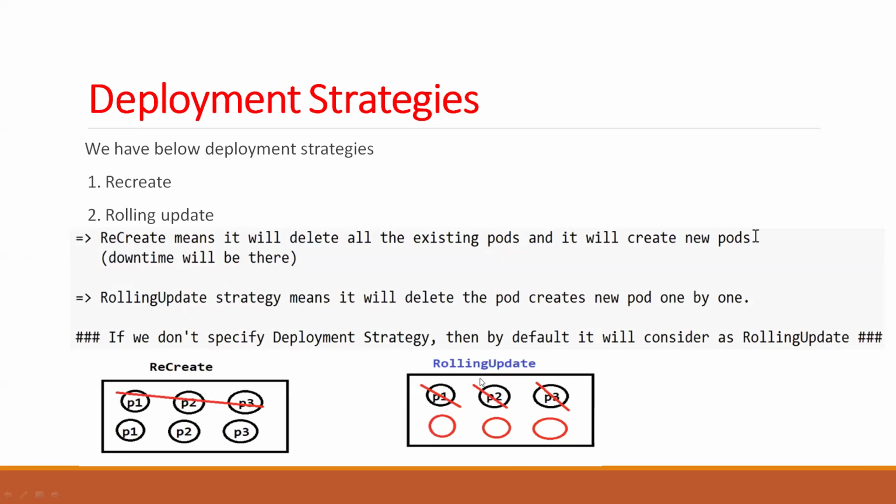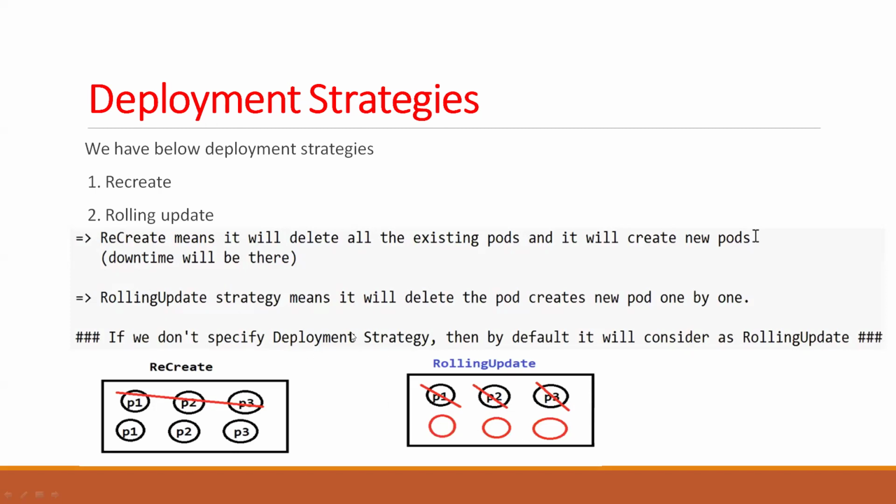So what is a rolling update? In a rolling update, one pod is deleted and a new pod comes up. Then another pod is deleted, another pod comes up. This is a rolling update. In a rolling update, the site does not go down. Recreate means it will delete all the existing pods at a time and then create new pods, so downtime will be there.